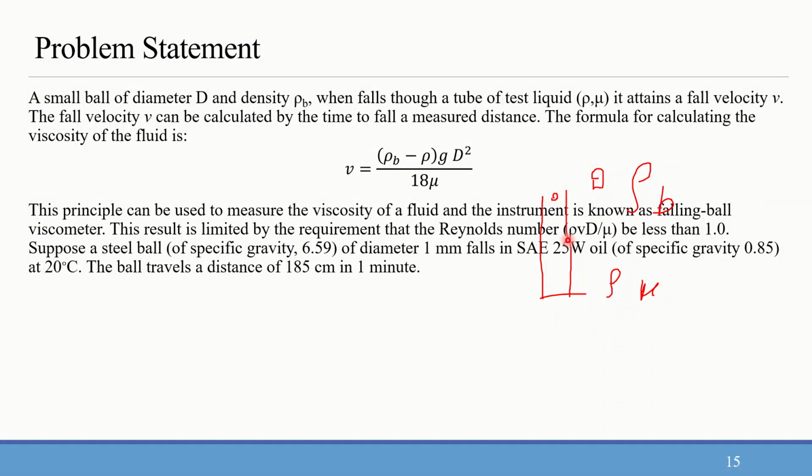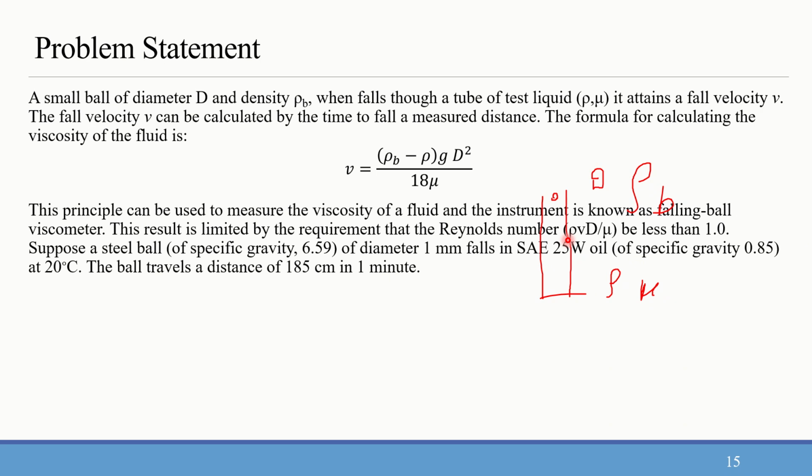Here viscous force dominates, so we can easily measure the viscosity. But above that it won't be viscous dominated flow, so we cannot use it. So this is the problem statement actually.